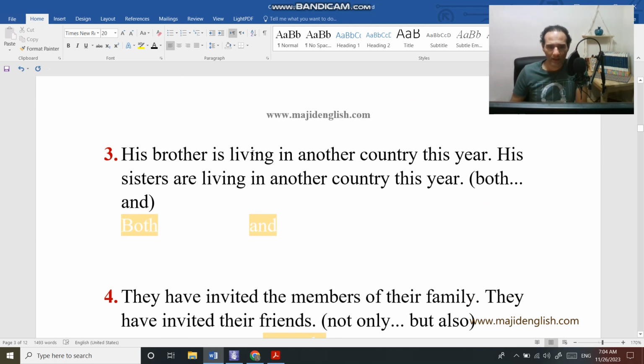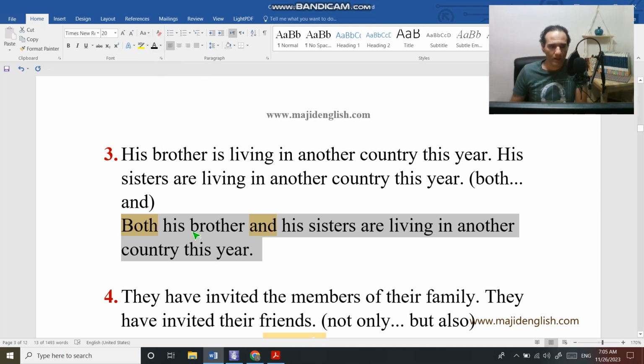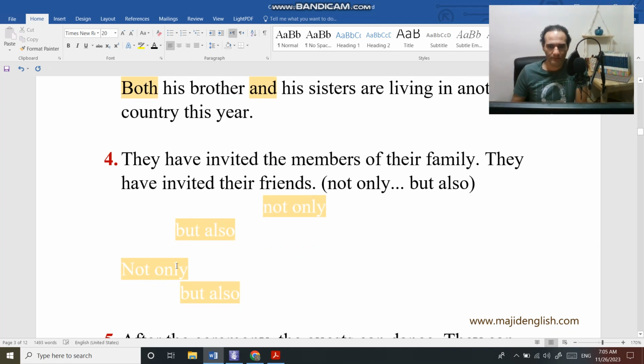His brother is living in another country this year. His sisters are living in another country. So both and, or not only but also, in agreement with the nearest subject. But in both and, it is always plural. Both his brother and his sisters are living in another country. Okay?